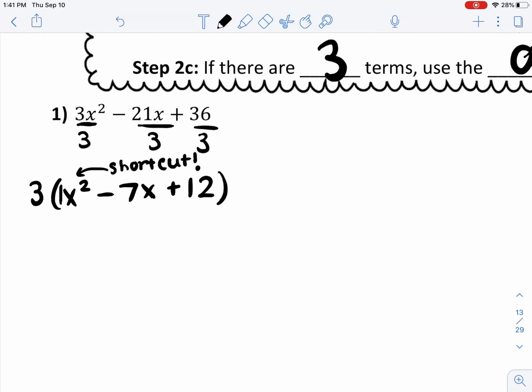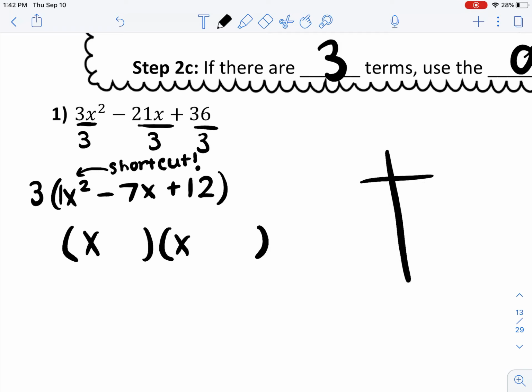The shortcut saves us time because I can set up my parentheses right away, and I can put whatever variables are in the question. So x squared is given to me by x times x, so I can put the x's here. And to figure out what else goes in the parentheses, I just have to do the t-chart, which is the AC method. So I'm doing A times C. So A times C, that's 1 times 12, which gives me 12.